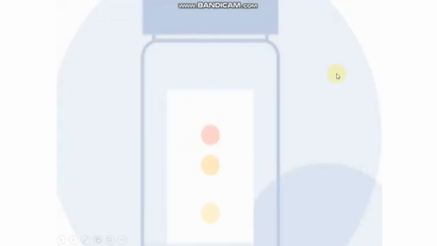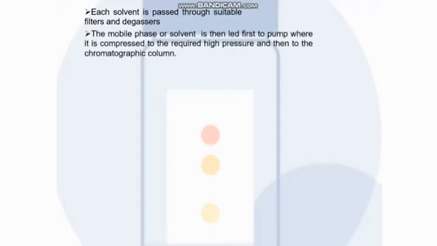Here we conclude the things which were discussed in the instrumentation or flow diagram part in the previous slide. Here each solvent is passed through suitable filters and degassers. Then the mobile phase or the solvent is led first to the pump, where it is compressed to the required high pressure, and then to the chromatographic column.